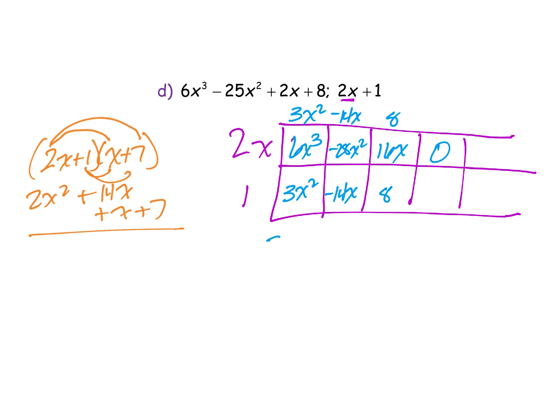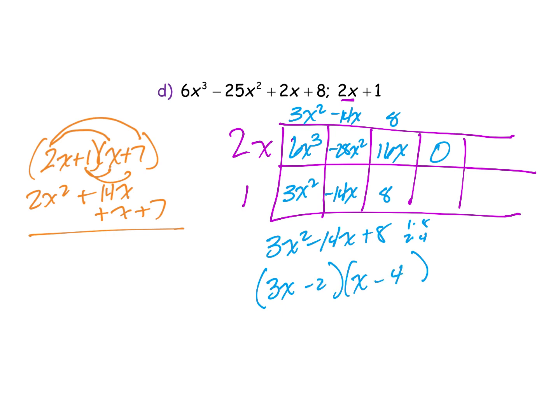Okay, so I have 3x squared minus 14x plus 8. And I need to factor this. So 3x, what multiplies to be 3? 3x and x. And my multiples of 8 are 1 and 8 or 2 and 4. It's -2, -4, correct.